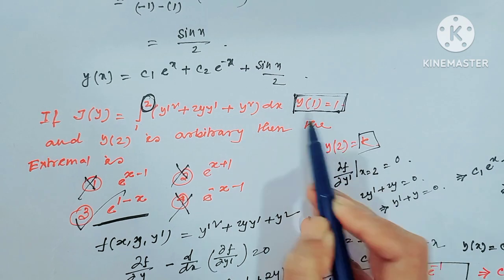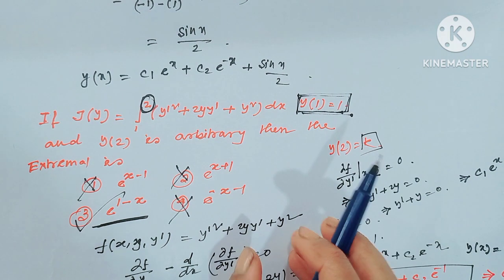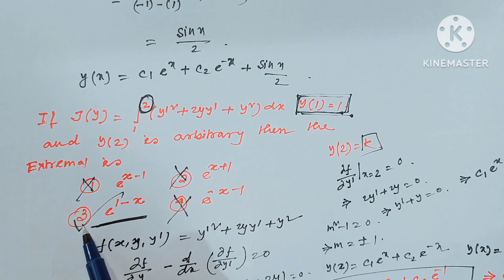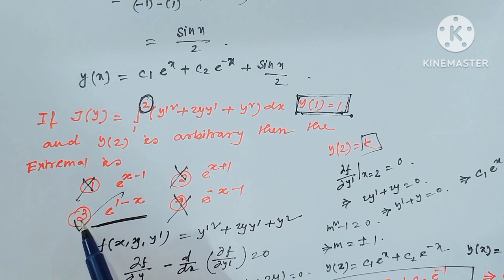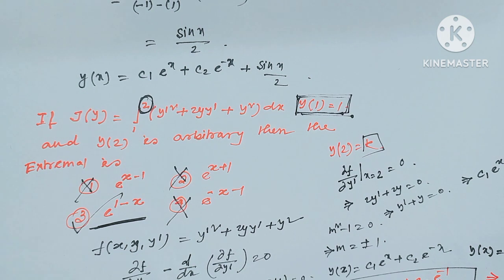Since y(1) = 1 is given, by this method we can tell only this is the correct option, because this is for competitive exams, and in competitive exams we have to solve any question very quickly, so you can use this shortcut trick also. Okay?